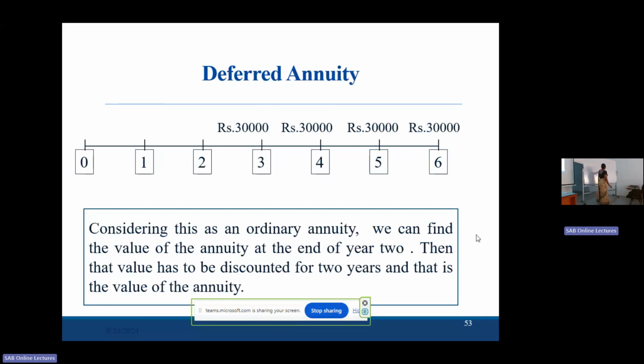First 30,000 at the beginning of year 1, beginning of year 2, beginning of year 3, beginning of year 4. So this is the annuity due. We consider these 30,000 cash flows as a due annuity, so we value this to the end of year 3.